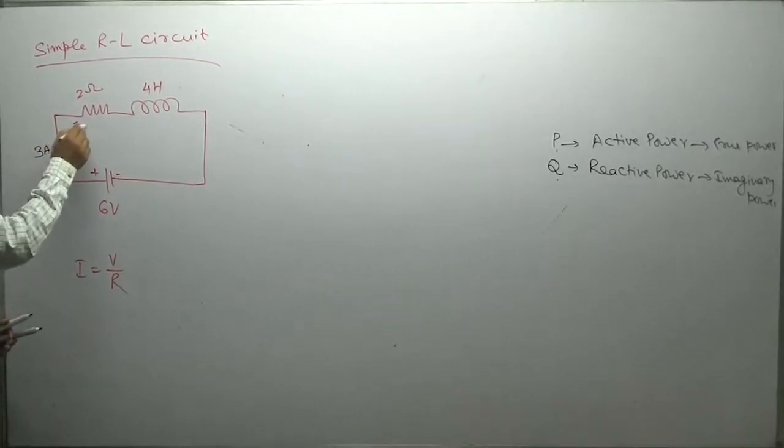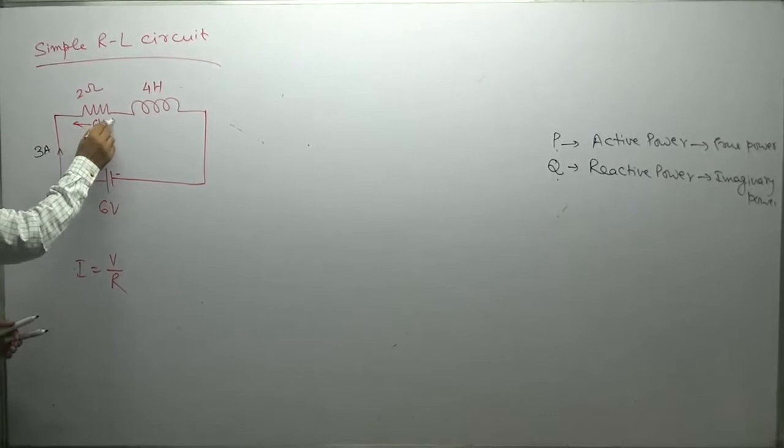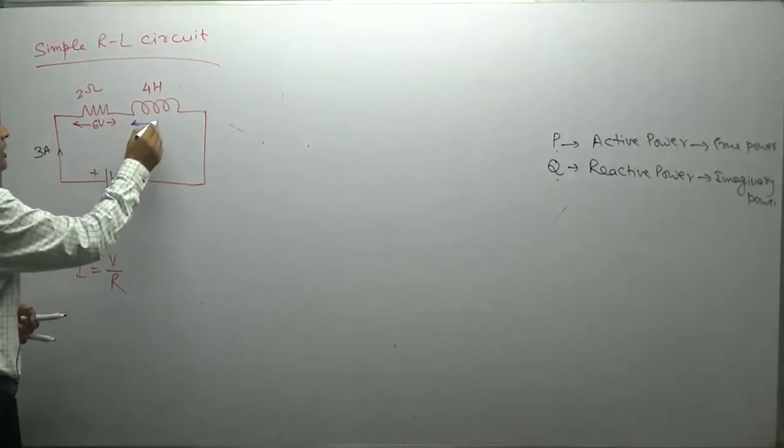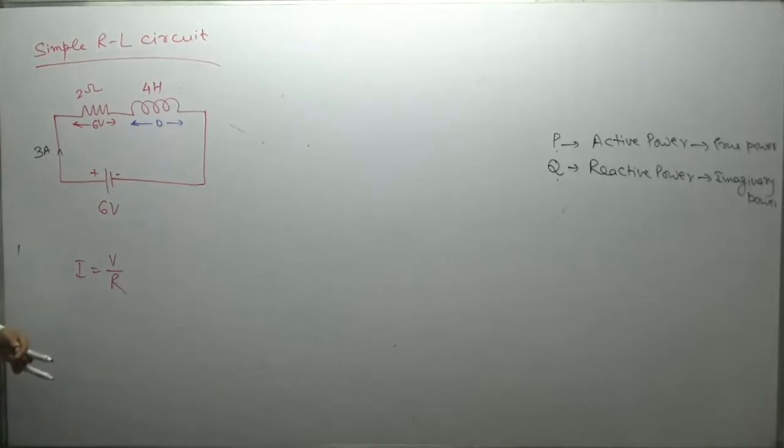Voltage across this resistor is 6 volt. Voltage across this inductor is 0 in steady state. These values are all in steady state. Steady state means when there is no disturbance in the circuit.